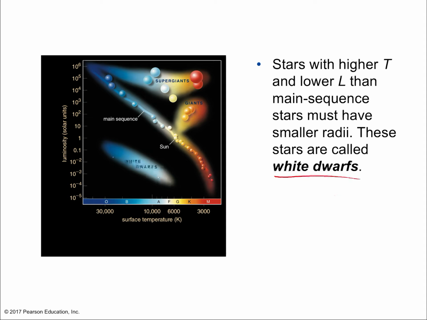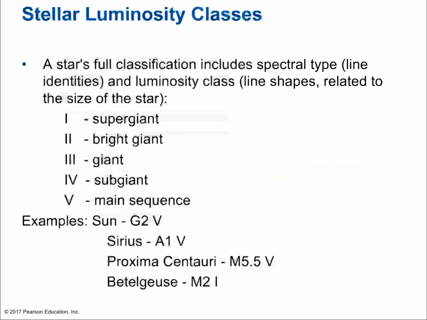That's just where these things exist on this particular figure, this graph of luminosity versus surface temperature. So a star's full classification includes spectral type and luminosity. Spectral type refers to whether you're on the main sequence or not.